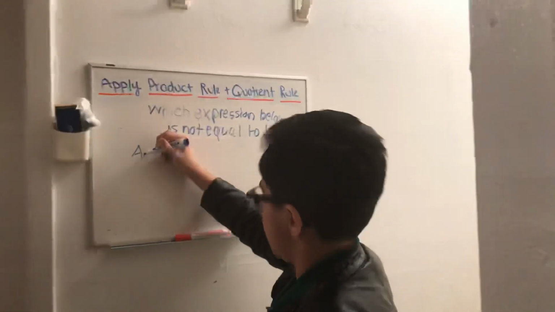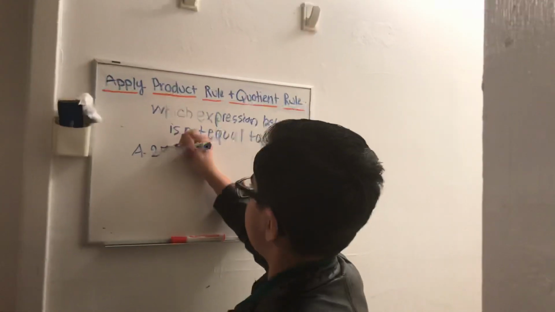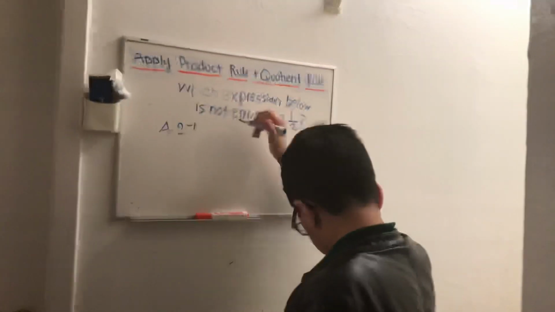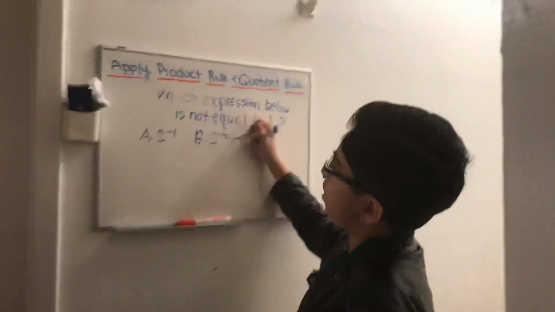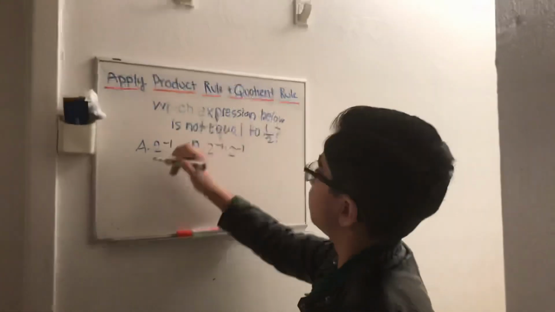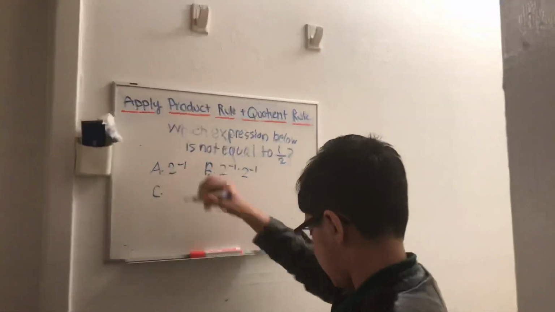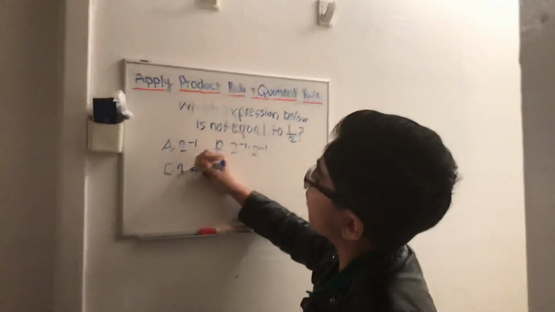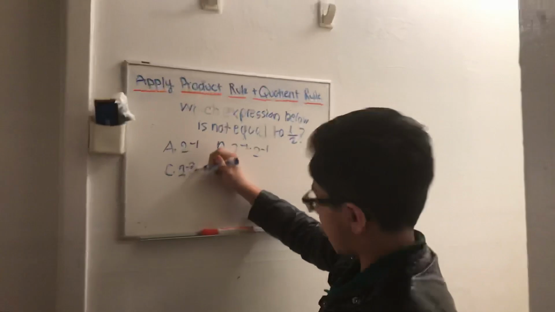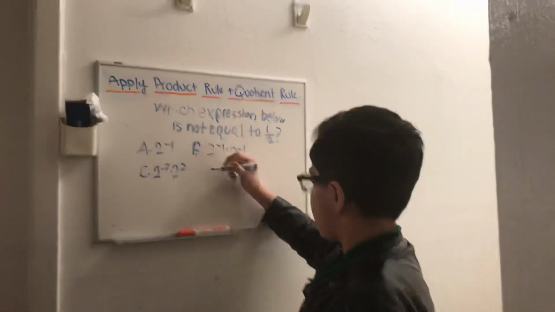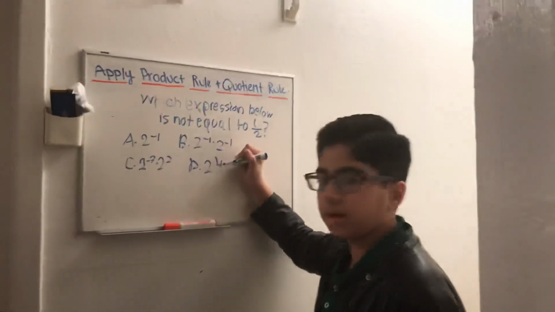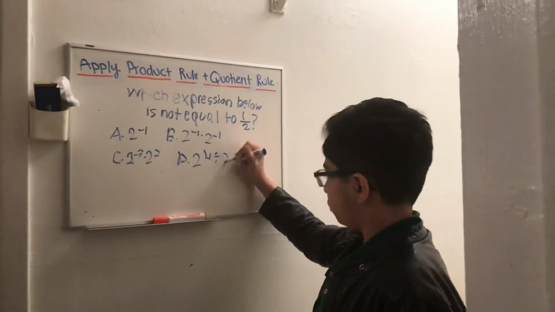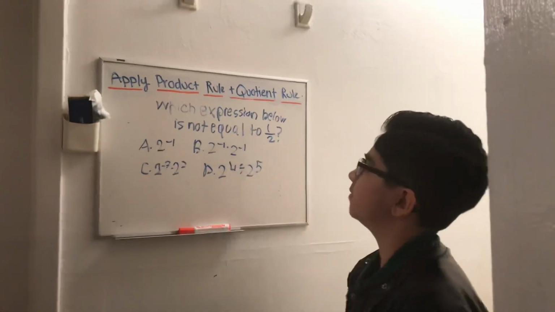A, 2 to the power of negative 1. B, 2 to the power of negative 1 times 2 to the power of negative 1 as well. C, 2 to the power of negative 3 times 2 squared. And D, 2 to the power of 4 divided by 2 to the power of 5.